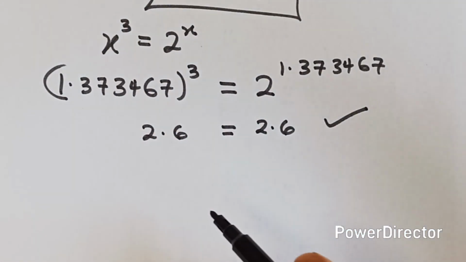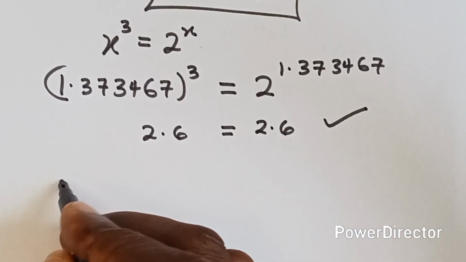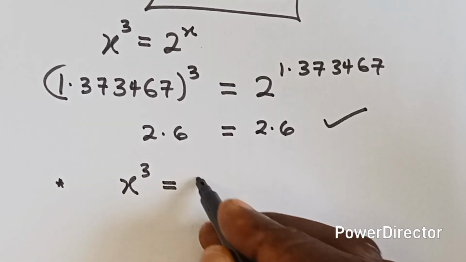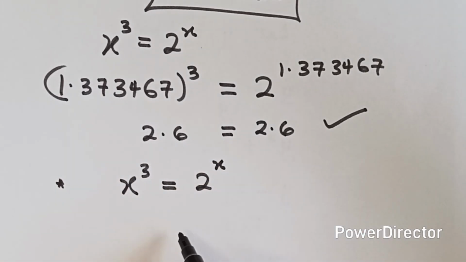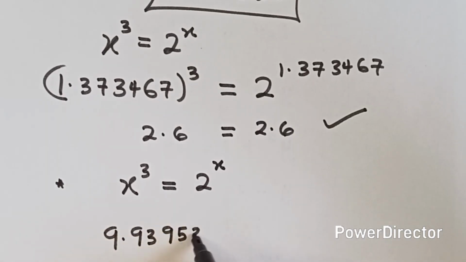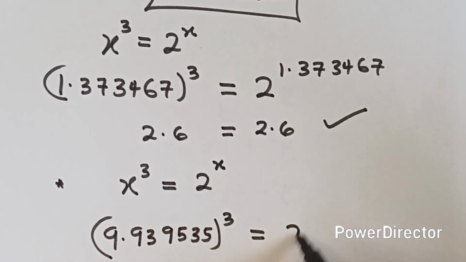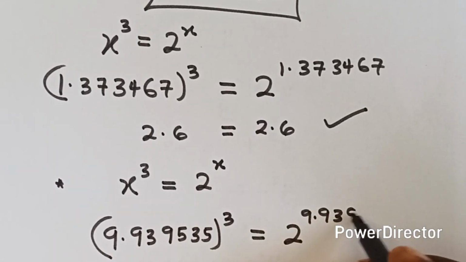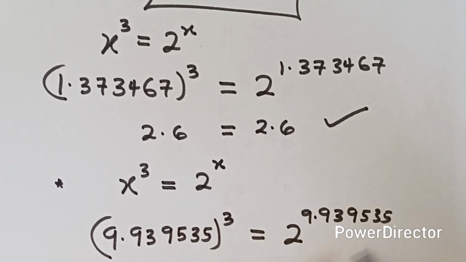Okay, for the second value of x, let's look at that as well. You know, we have our equation to be x raised to the power 3 equals 2 raised to the power x. Then the second value of x is 9.939535 raised to the power 3 equals 2 raised to the power 9.939535.